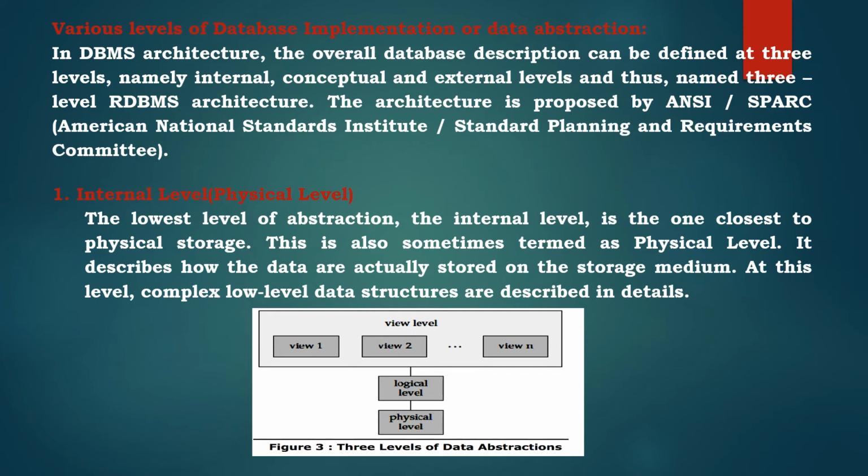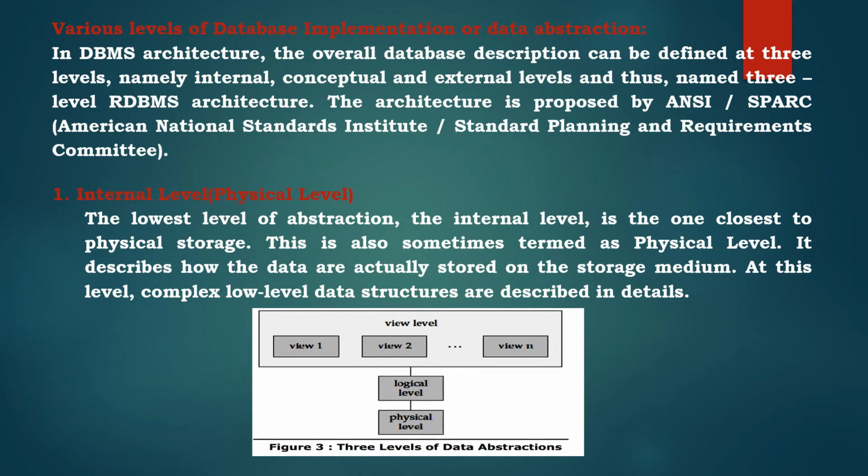Then, various levels of data implementation or data abstraction. Please remember: explain three schema architecture, or give the architecture of DBMS, or explain the different levels of database implementation or data abstraction. Then you need to explain this three-level architecture.